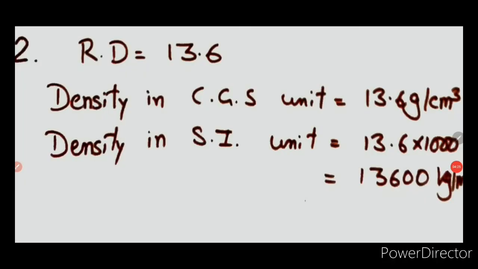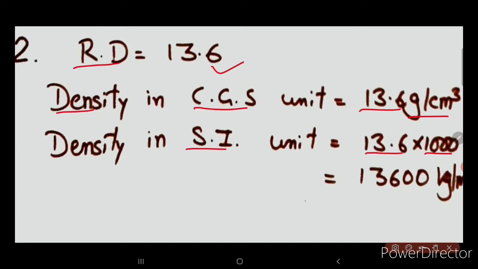Coming to the solution of number 2, the given relative density was 13.6, and the density in the CGS unit will be 13.6 gram per centimeter cube. This is how you convert relative density into density in the CGS unit. If I want to convert the relative density into the SI unit, then I simply multiply the given number by 1000.